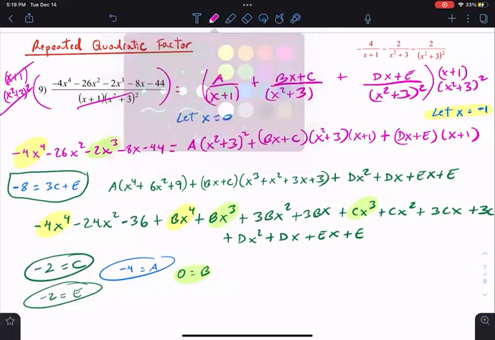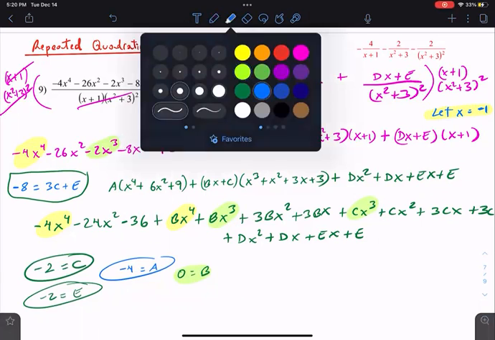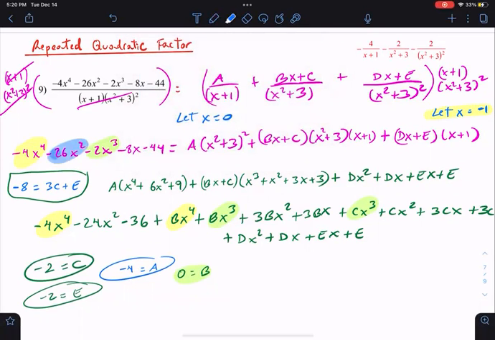Okay, let's see what we can do with d. The next one should be x squared. Let's do that in blue. So x squared with this, x squared with that, x squared with this, x squared with that. So I can find it, because I'm looking for d, and that term has d.